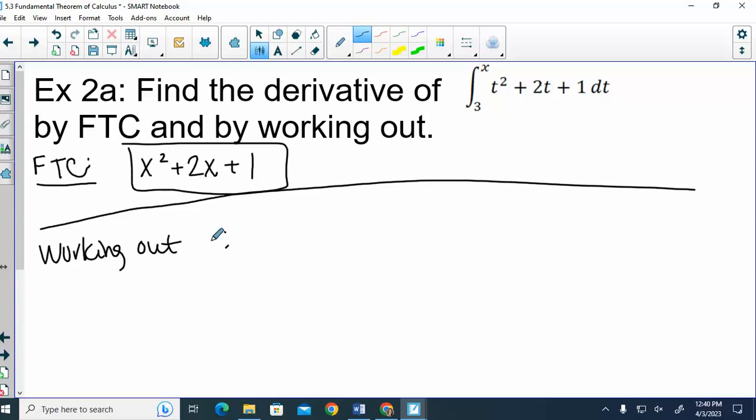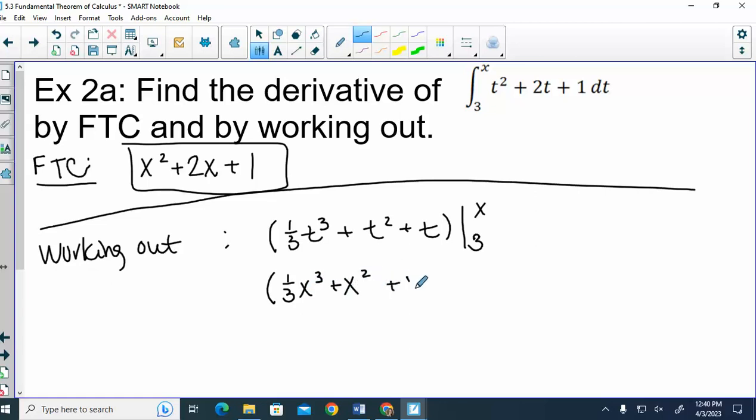So what is the antiderivative of t squared plus 2t plus 1? 3 to x. Okay, if I plug in my x's, minus, if you put in a 3 cubed is 27 times the third is 9. 3 squared is 9.